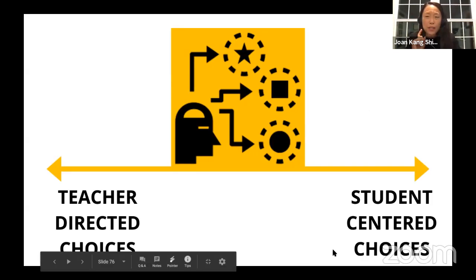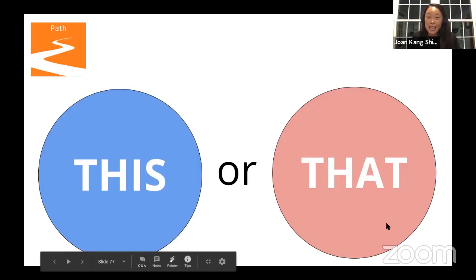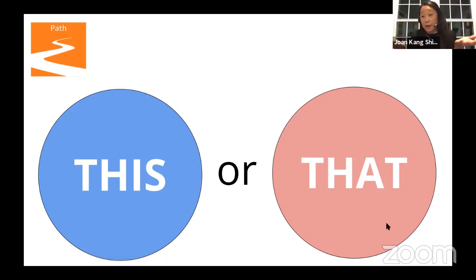Now, one thing I want you to think about, with whatever you put in the chat box or whatever you're thinking about here, is whether the choices you're giving your students are more teacher-directed choices, or are they truly student-centered choices? Because there's a continuum of the choices that your students make in the classroom. If it's more teacher directed, it might look like, okay, you can do it this way or that way.